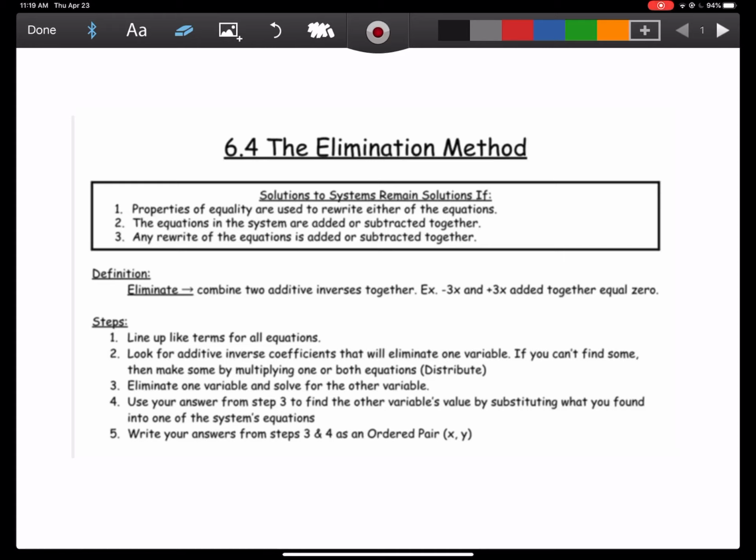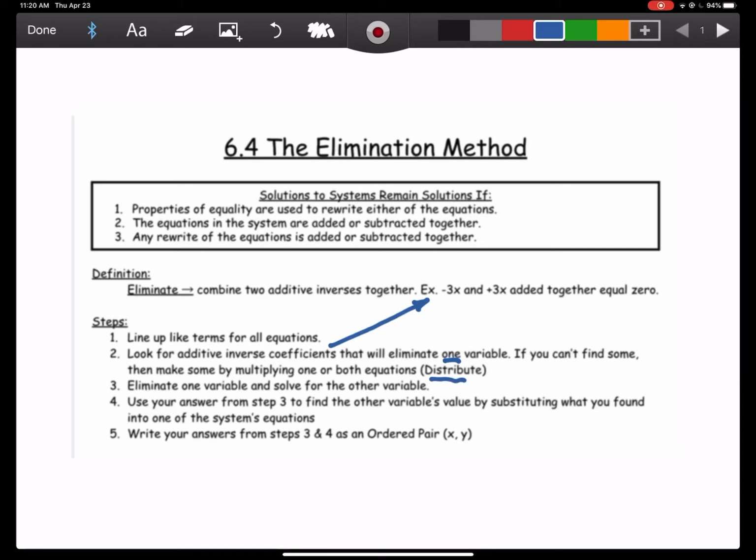Number 2, look for additive inverse coefficients. So coefficient refers to the negative 3 and the positive 3 up here in this example. But notice they're both x's. So if you can't find some, then we'll make some by multiplying one or both of the equations, and that will involve distributing.